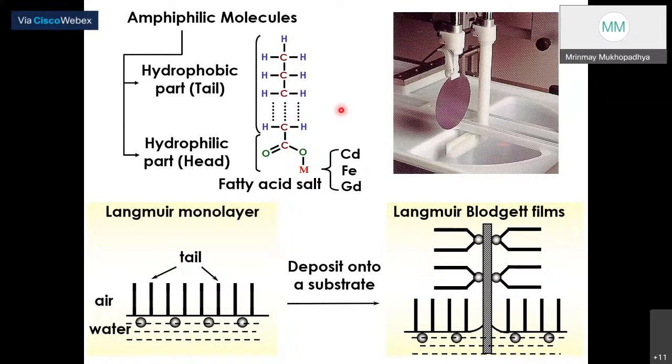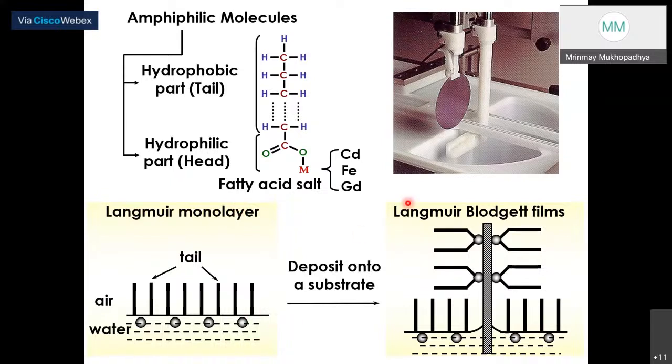This is a kind of oil, like your everyday oil, but the chain of these oil molecules is small, something like 1 to 2 or 3 nanometers. When you spread it on the water surface, it forms a monolayer. This monolayer is called the Langmuir monolayer.